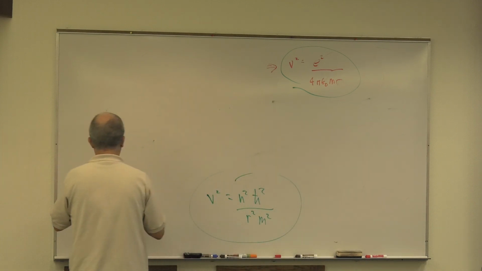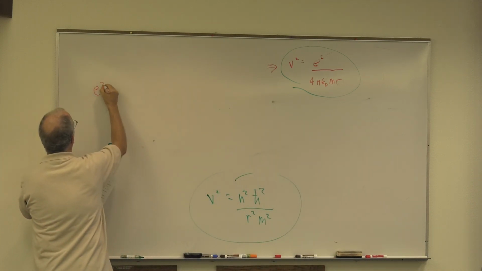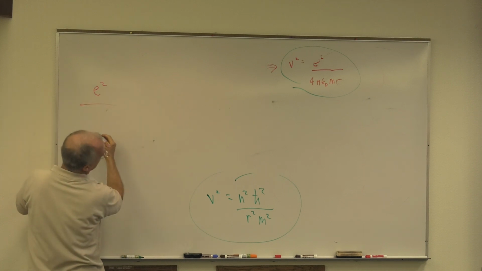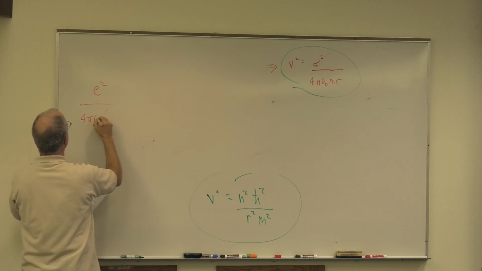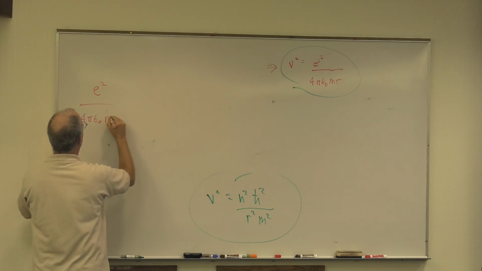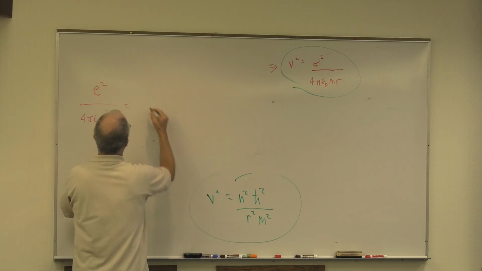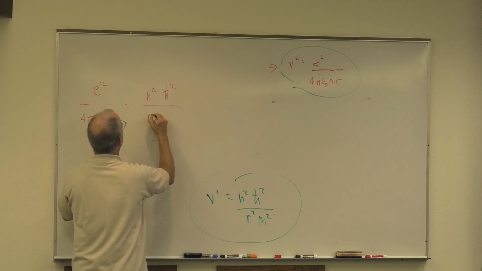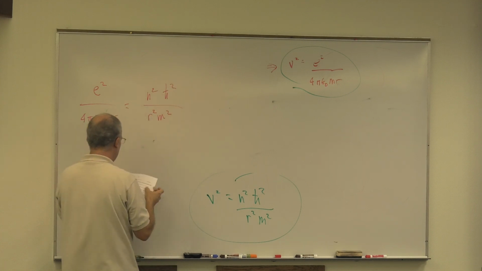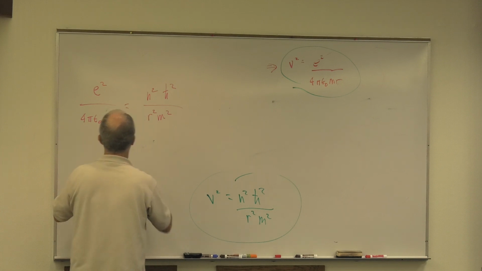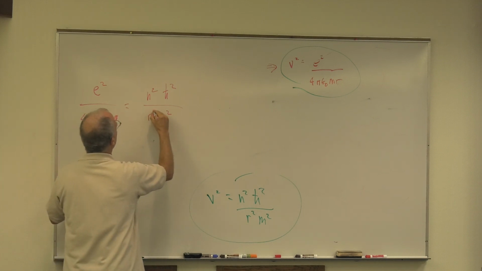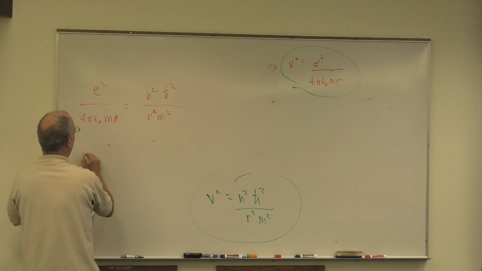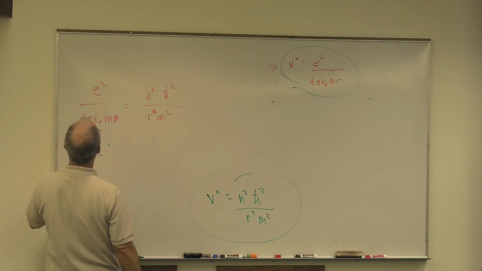So we're going to say that e squared over 4 pi epsilon naught m r equals that, n squared h bar squared over r squared m squared. And then kill one of those, multiply it up, so we can get r. What else can we kill?